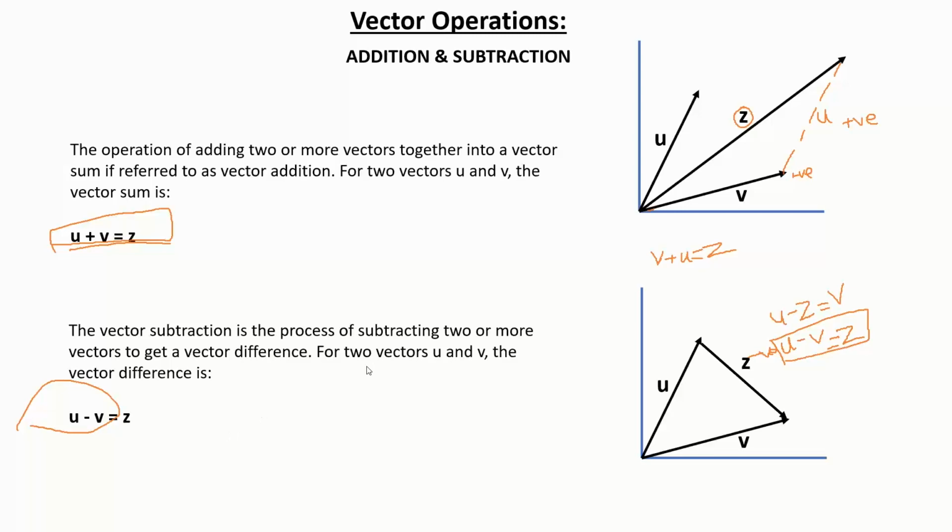Okay, I think this is clear and understood. So this is the process of subtracting two or more vectors to get a vector difference. For two vectors U and V, the vector difference is U minus V equals Z, because this is moving in the negative direction.